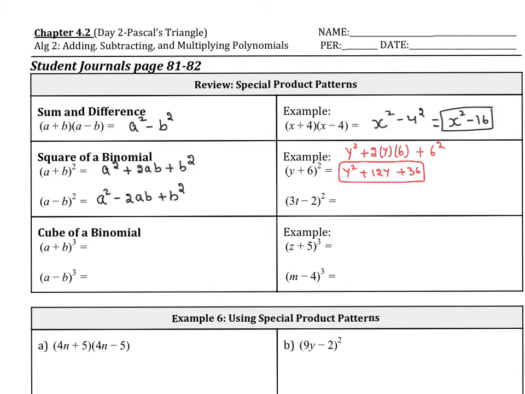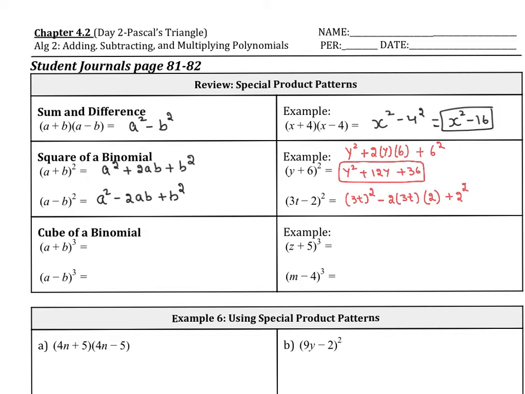Next is 3t minus 2 squared. So now in this case my a is 3t, so a squared minus 2 times a times b plus b squared.